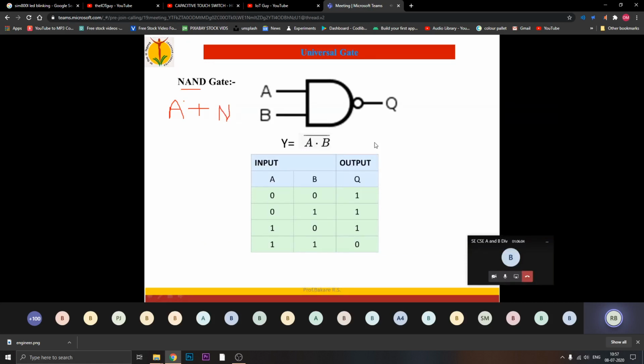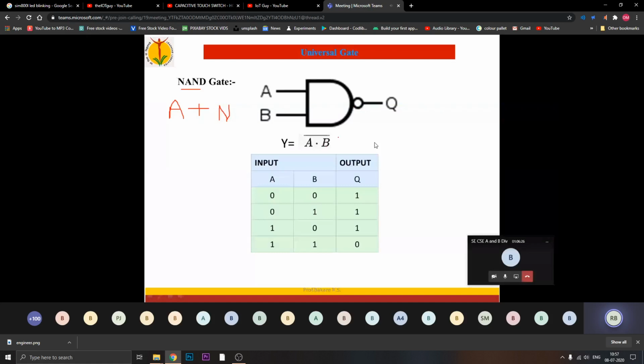If you ignore this bubble, this circle, the symbol is very similar to the AND gate. Once I add this bubble, it indicates an inverter, and it forms the NAND gate.